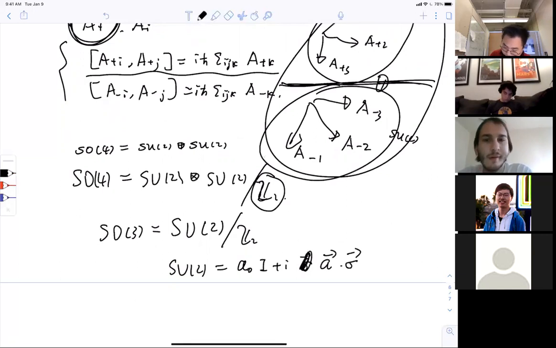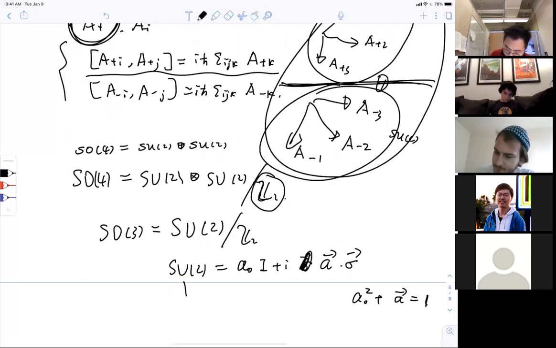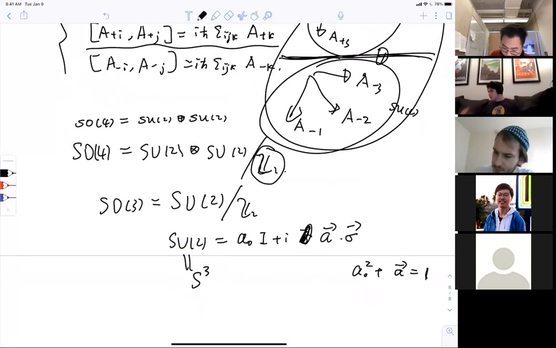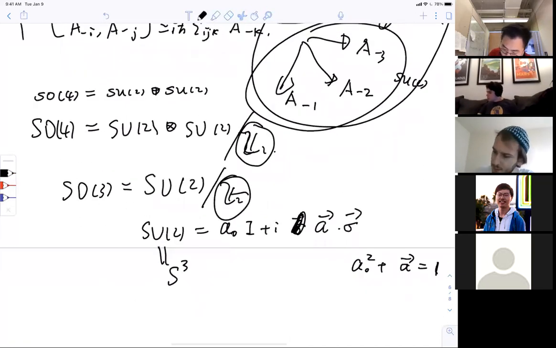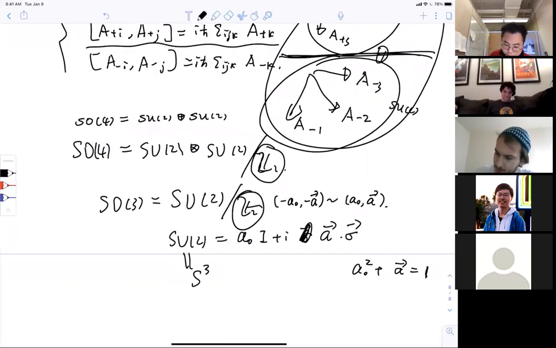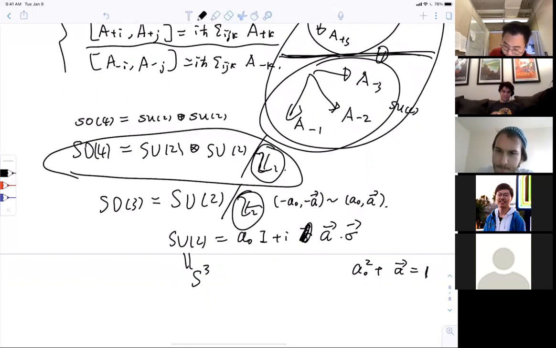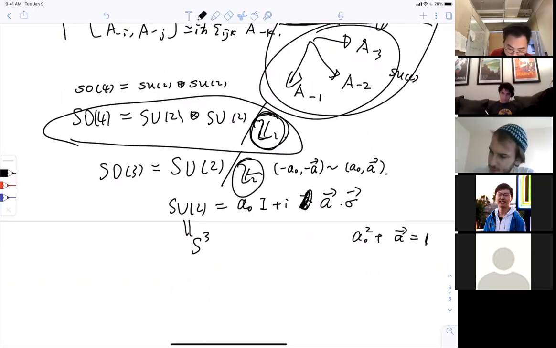This is a general way to write it. Basically, the manifold of this group is a 3-sphere in 4 dimensions. And this Z2 means that we identify minus a naught, minus a with a naught, a. So you may ask what this Z2 means.